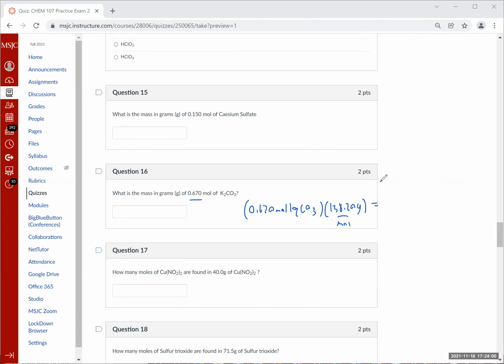So we have 138.20 times 0.670. And that in turn gives us 92.6 grams. Does this make sense to everyone? Any questions on this example?